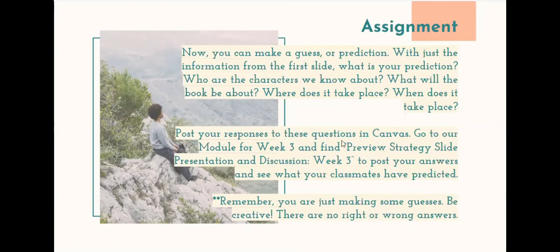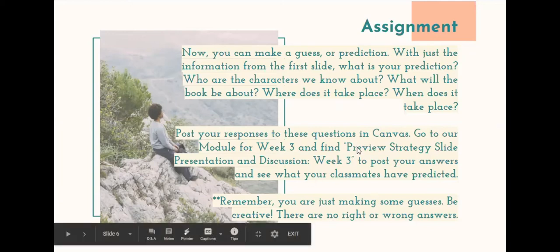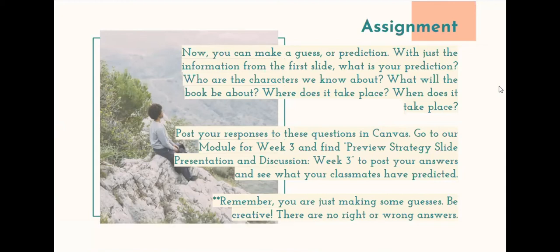I want you to post your responses in the discussion where this video and presentation is. Post your answers, and then once you have posted your answers, you will be able to see what your classmates have predicted. And remember, you're just making some guesses. There's no right or wrong answers. So be as creative as you want to be. And I'm excited to see what you guys come up with.